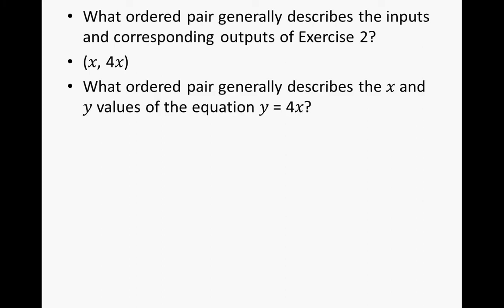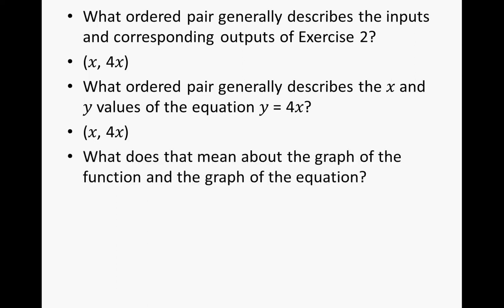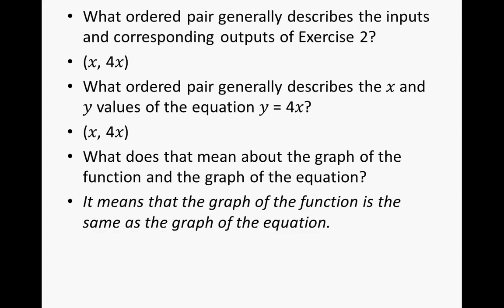So what ordered pair generally describes x and y values of the equation y equals 4x? Well, again, it would be x and 4x. What does that mean about the graph of the function and the graph of the equation? Again, it means that the graph of the function is the same as the graph of the equation.